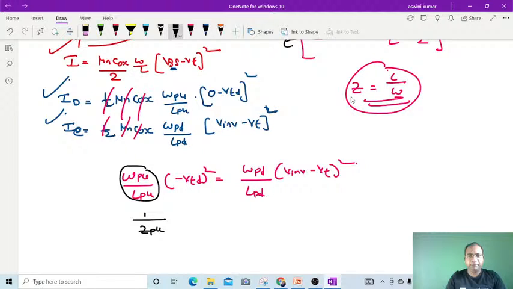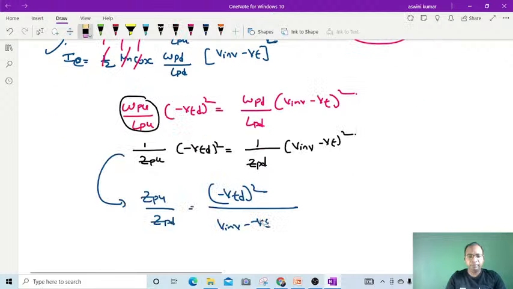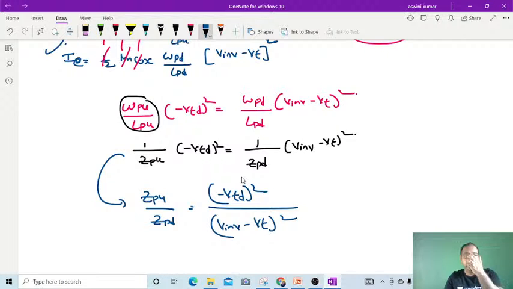And finally, ZPU by ZPD can be written, from this expression, as minus VTD whole square divided by VINV minus VT whole square. So it is the ZPU by ZPD ratio whenever one NMOS inverter is driven by another NMOS inverter.